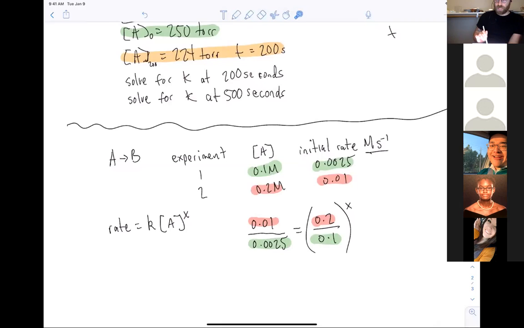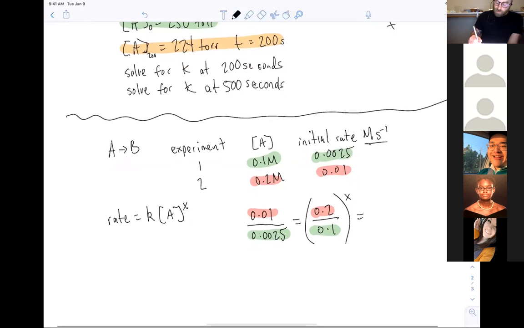I kind of gave away the answer: it quadruples. We can solve this: 0.01 divided by 0.0025 is equal to 4. So you end up with 4 equals 2 to the x, and we see that x is equal to 2.